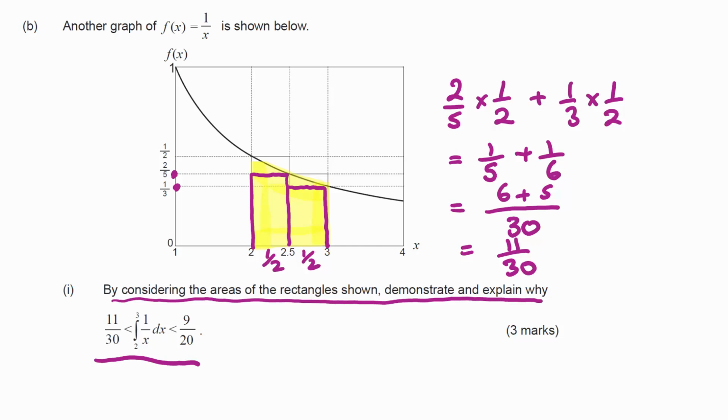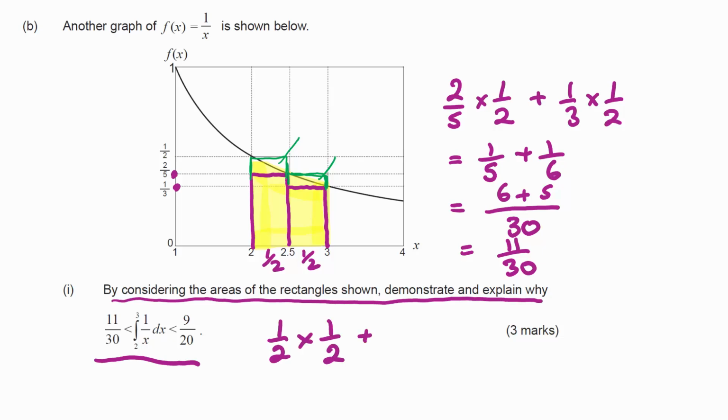On the other hand, if we used circumscribed rectangles, and these ones with the height at the left, so we'd now be using these two rectangles, and clearly we can see there's area like here and here, which is above the curve. And so the area of those two rectangles is greater. So let's look at those ones. The first one has a height of a half, so it's going to be a half times a half.